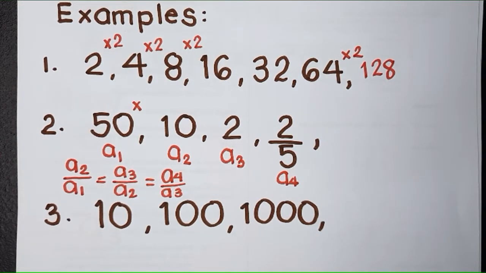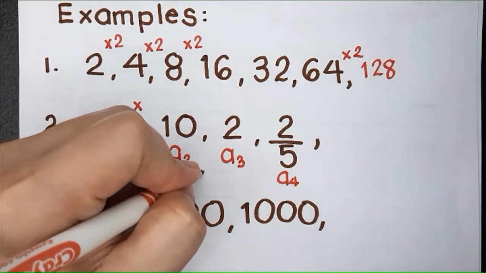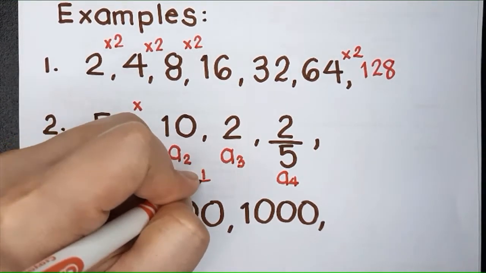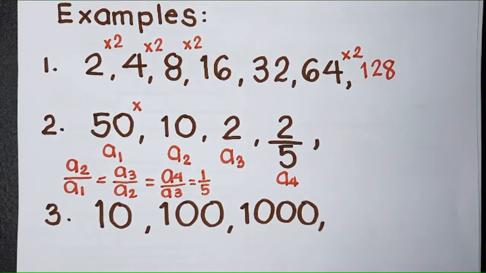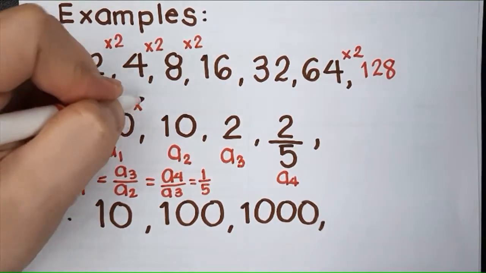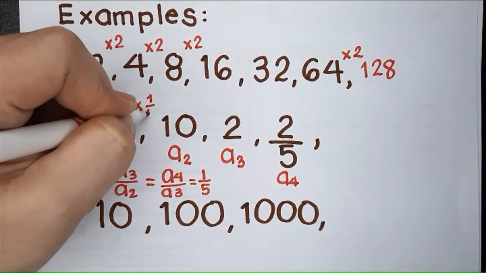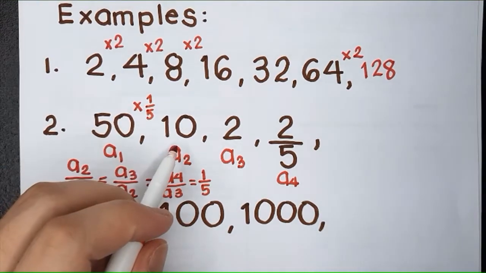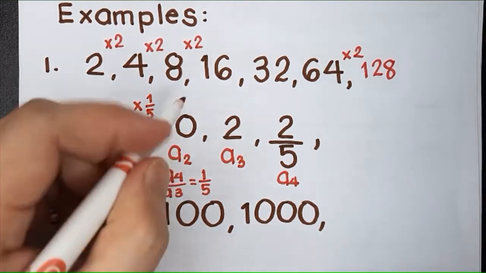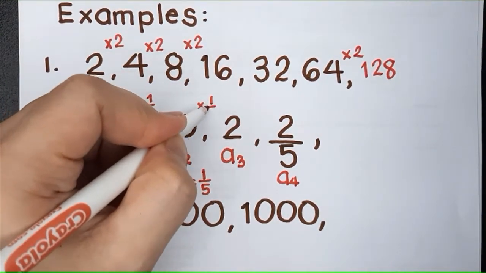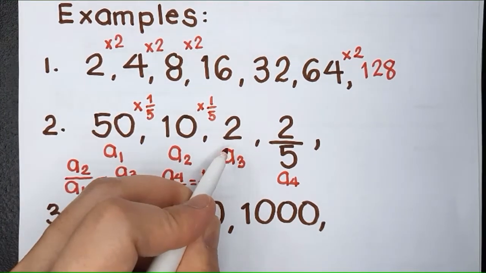Okay? They are all equal to 1 over 5. Okay? So, you multiply 50 by 1 over 5, you will get 10. You multiply 10 by 1 over 5, you will get 2.